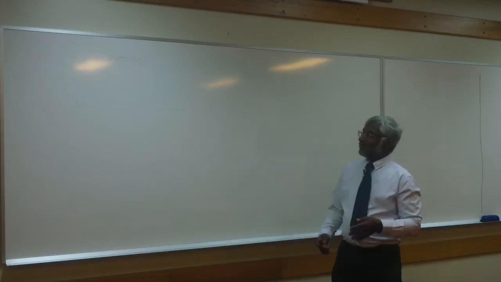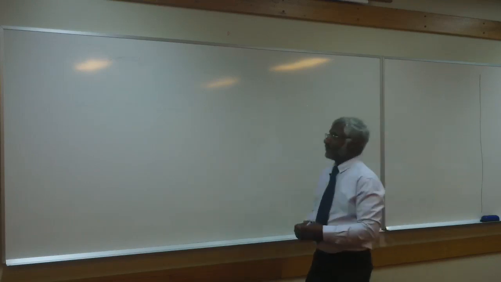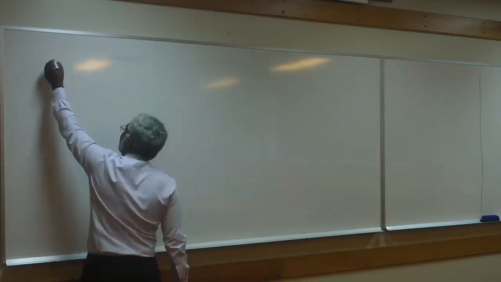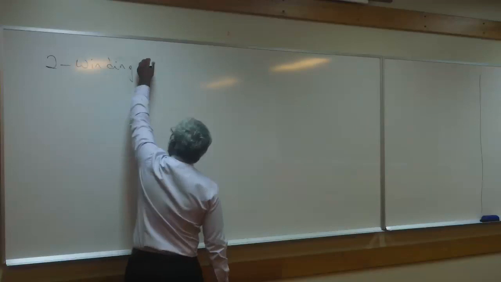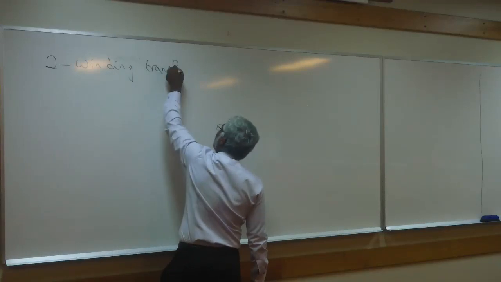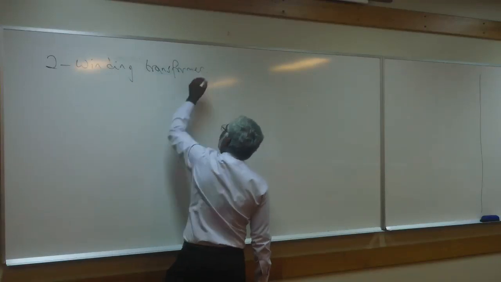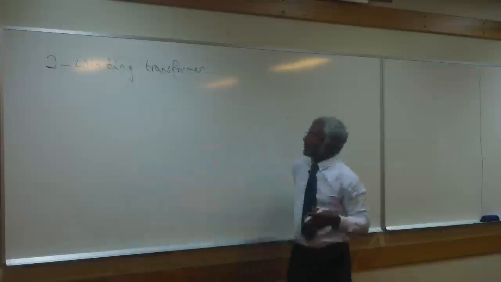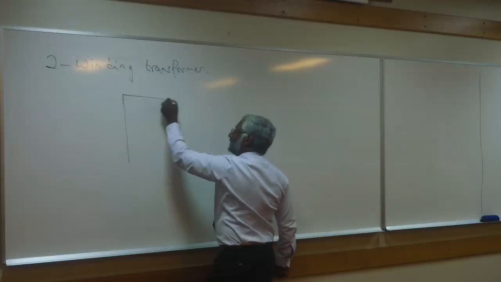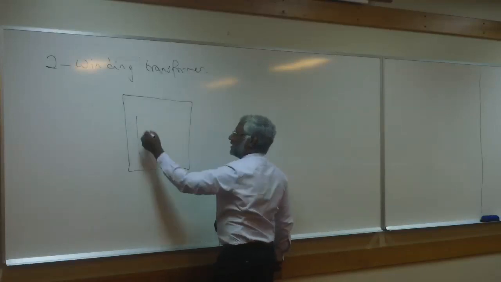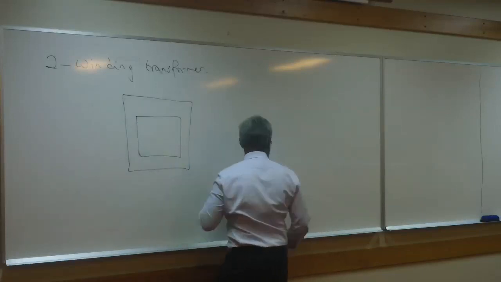And a picture of a representation of a transformer would be like this, and I'm talking here about a 2-winding transformer. So that would be the simplest of transformers. A 2-winding transformer, in textbooks, would be represented like this.